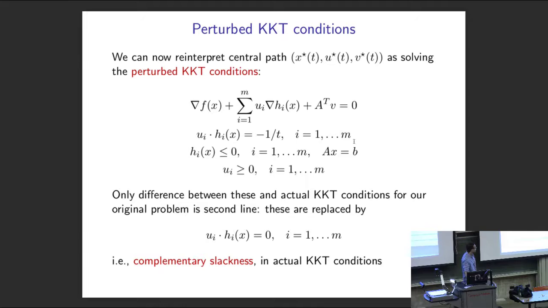It actually gave us a strict inequality. Ax equals b, also true from the central path equations. And all of the u_i's have to be bigger than or equal to 0. That's actually just implied by these two constraints. The fact that h_i is less than or equal to 0 and u_i times h_i is something negative implies this one, but I'm writing it down anyway, just for emphasis.